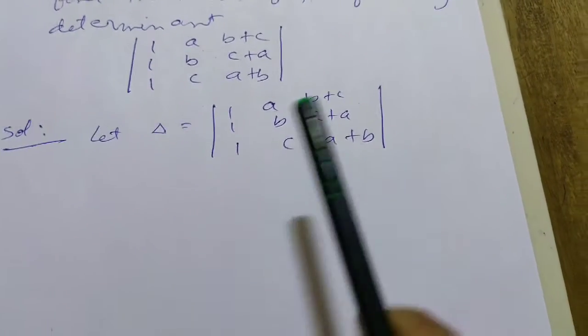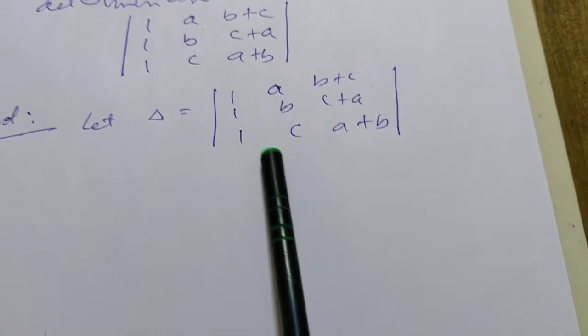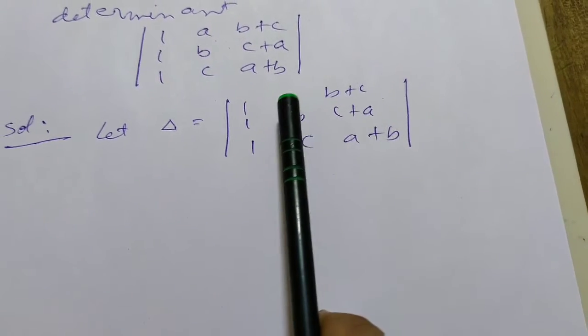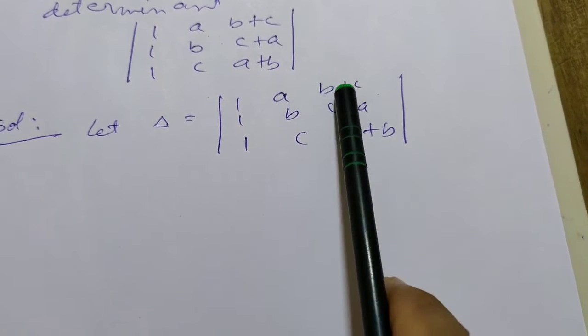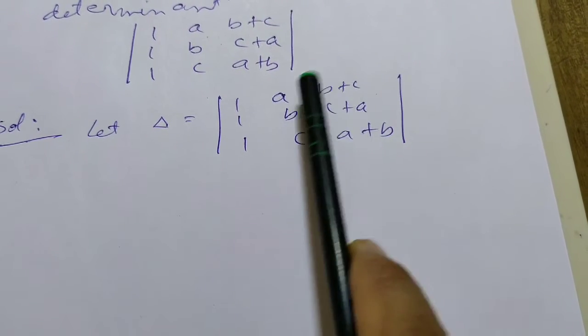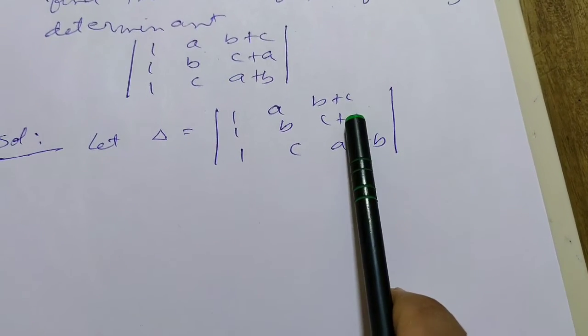So what I will do here is we will add the elements of column 2 to the elements of column 3. On adding that, what will happen? All the elements of column 3 will become of the type here. If I add a with b plus c, I will get a plus b plus c. If I add b with c plus a, I will get b plus c plus a.